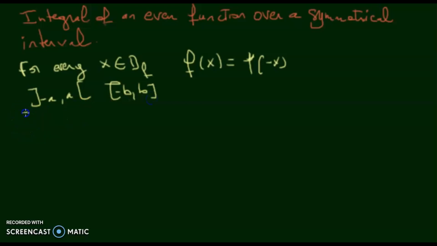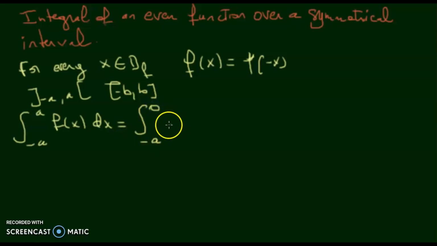Now today we're going to evaluate an integral of the form integral from -a to a of f(x) dx, and see how f being even simplifies this integral. So I'm going to split it and introduce a 0.